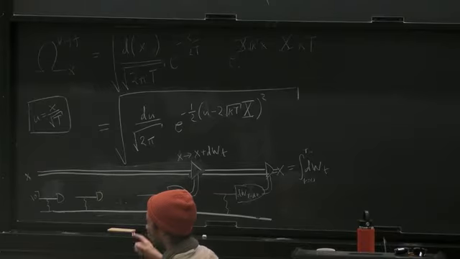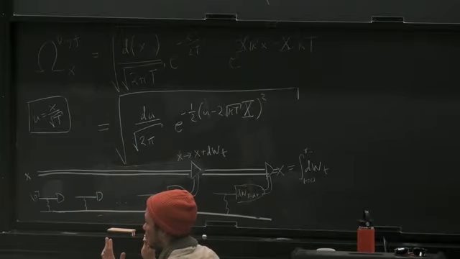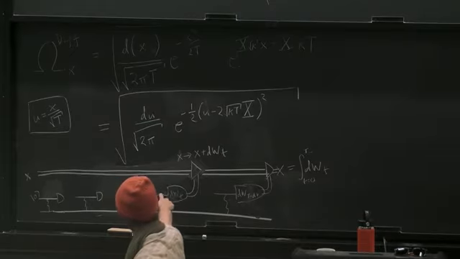And where you are in that group, you've sort of long forgotten. Once you're with that time-ordered exponential, you just forget what the system is. And you're just doing these rules.